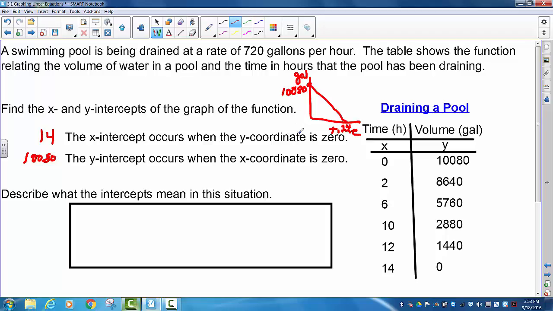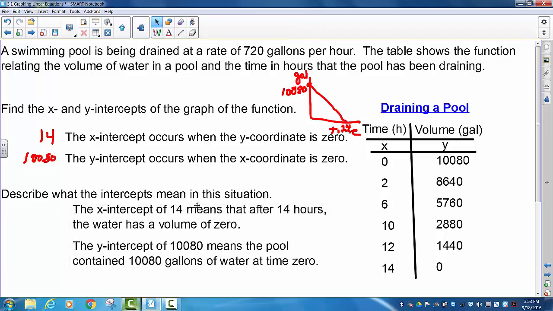The x-intercept, on the other hand, is when the pool is empty. So the x-intercept of 14 means that after 14 hours, the water has a volume of 0, or it's empty. The y-intercept of 10,080 means the pool contained that many gallons of water at time 0.